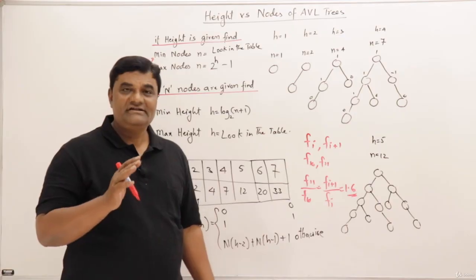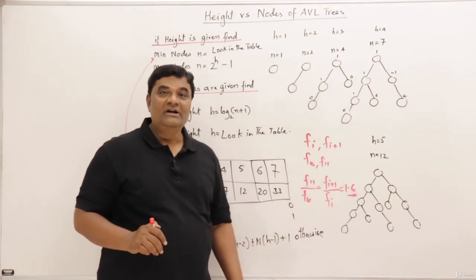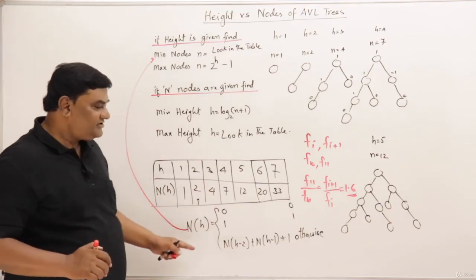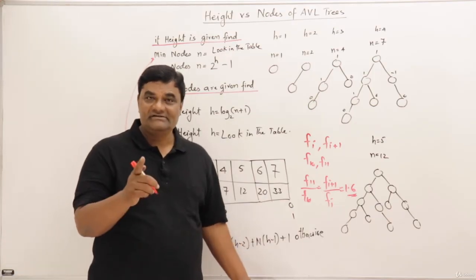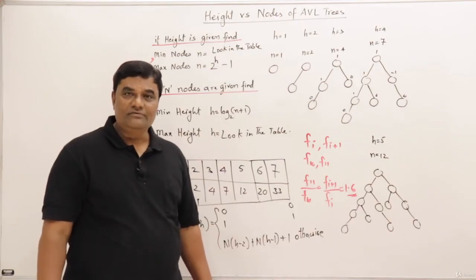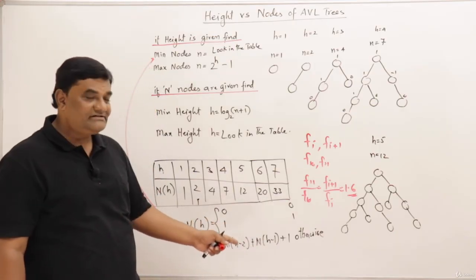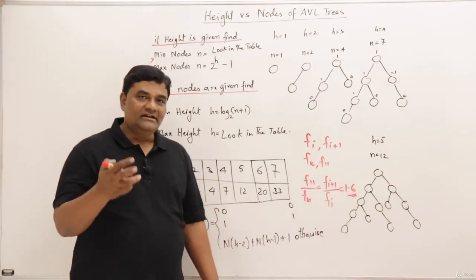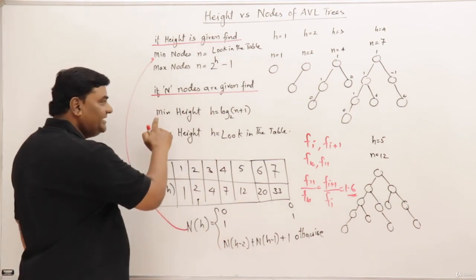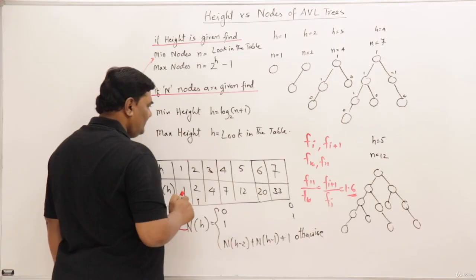So Fibonacci series is believed to be a balanced series. So this formula is matching with Fibonacci series, meaning AVL trees are also balanced. This is a proof that they are balanced, because their formula for nodes versus height is same as Fibonacci series.